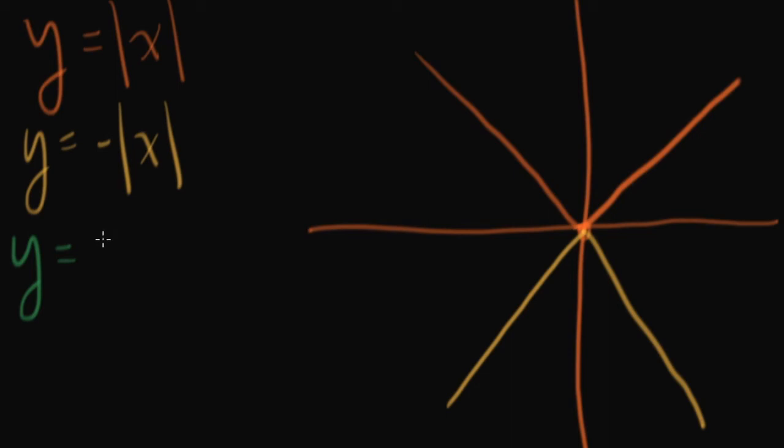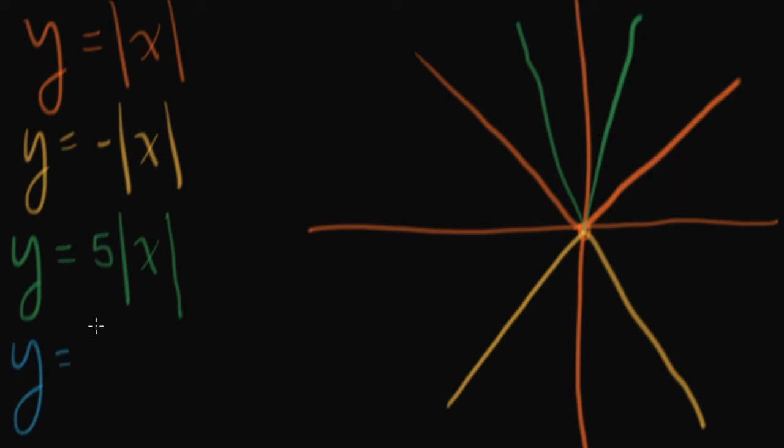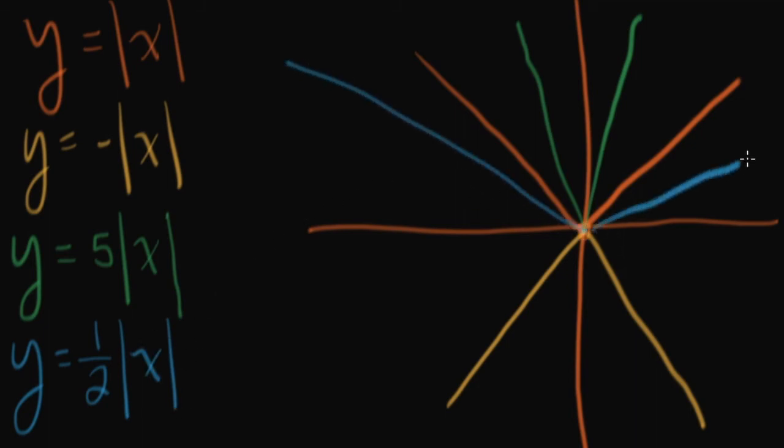Like, let's say a 5 and the absolute value of x, like that. So we know it's going to open up, but this is going to be a skinnier one, like that. So as this number goes up, the skinniness increases. It gets more narrow. Whereas if you have a very wide, like a small number, like a half is pretty small, it's going to be a very wide graph, like that.